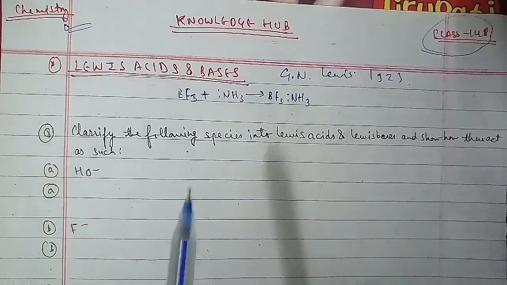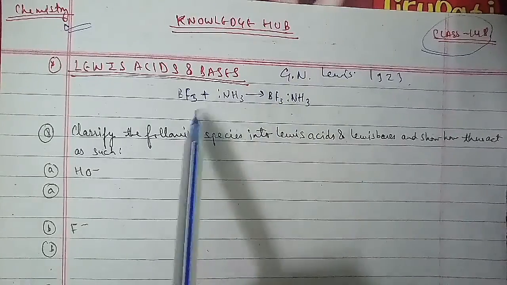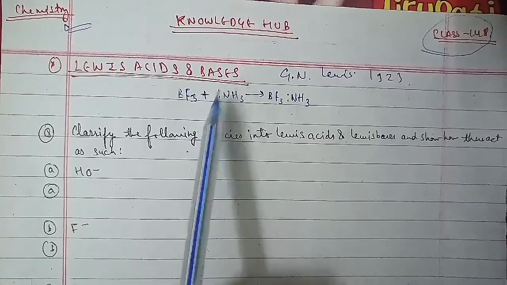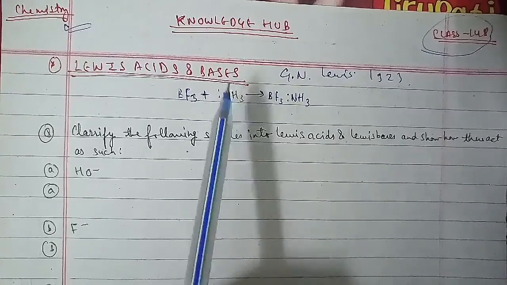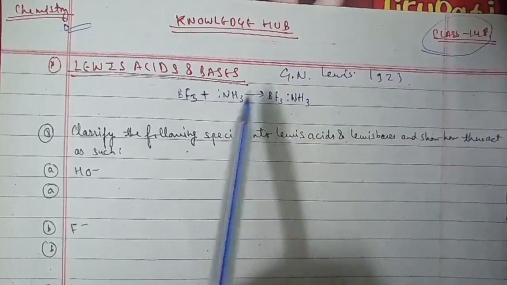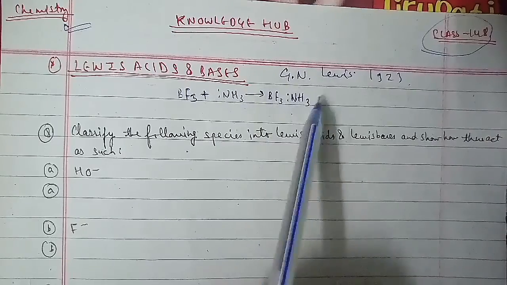BF3 does not have a proton, but still acts as an acid and reacts with NH3 by accepting its lone pair of electrons. The reaction can be represented as shown here. It is an electron deficient species like AlCl3.